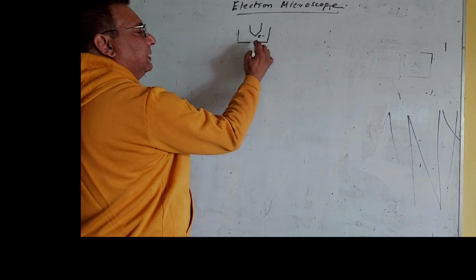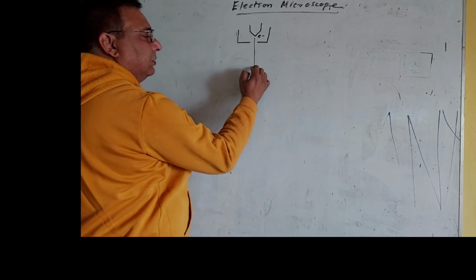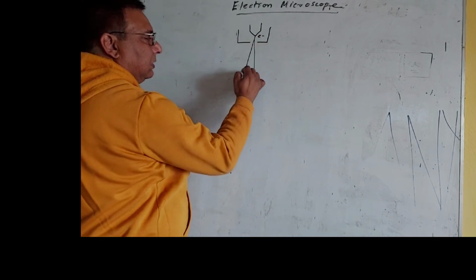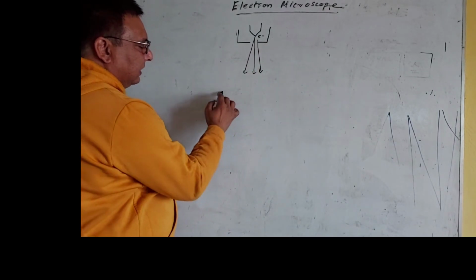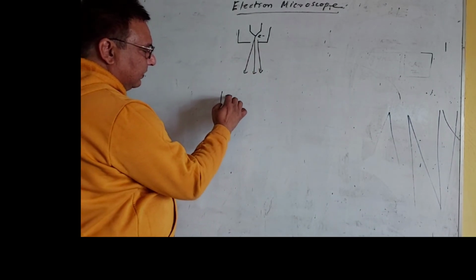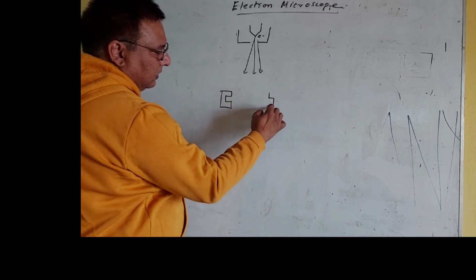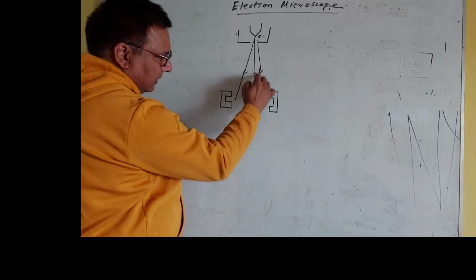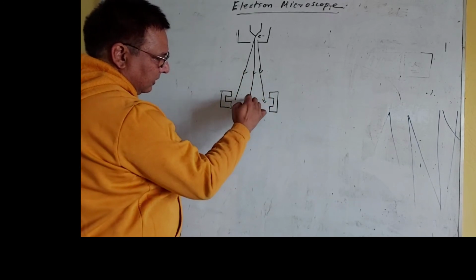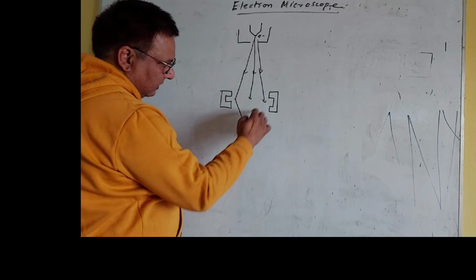Here is the electron beam that is being generated, and they pass through a vacuum tunnel, and then there are condenser lenses over here. The electron beam gets condensed.